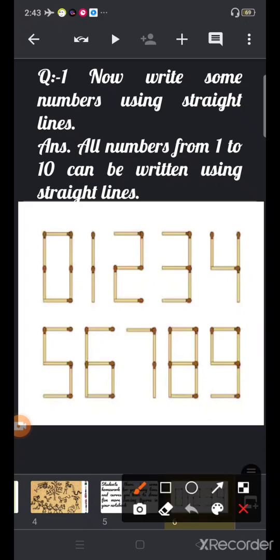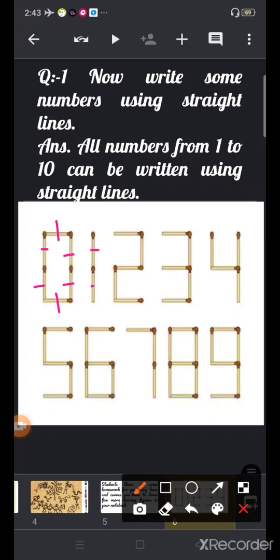Okay. Like for 0, how many matchsticks can we use? 1, 2, 3, 4, 5 and 6. Okay. Same for 1, we can use 2 matchsticks. 1, 2. Like this, all numbers 1 to 10 you will paste.